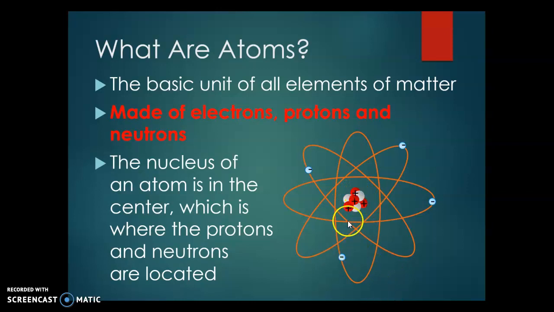The nucleus of the atom, which is the center, is where the protons and neutrons are all located. The electrons are hovering around this nucleus, and we have billions and billions of these atoms that make up ourselves and make up all of matter.